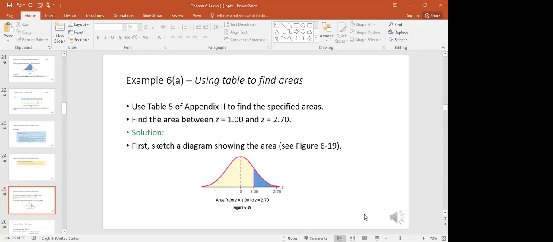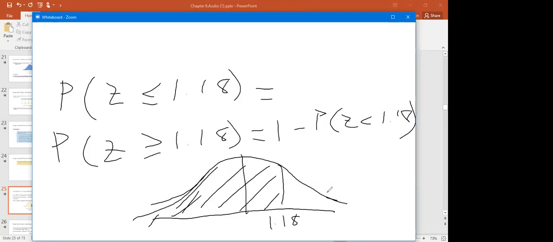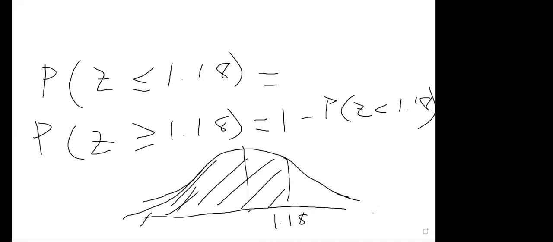So if you are using the table, you might want to find the area between 1 and 2.7. To find this type of area, between 1 and 2.7, is the probability that 1 is less than Z, less than 2.7.